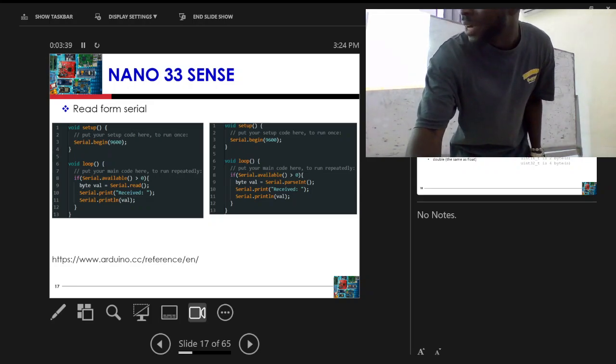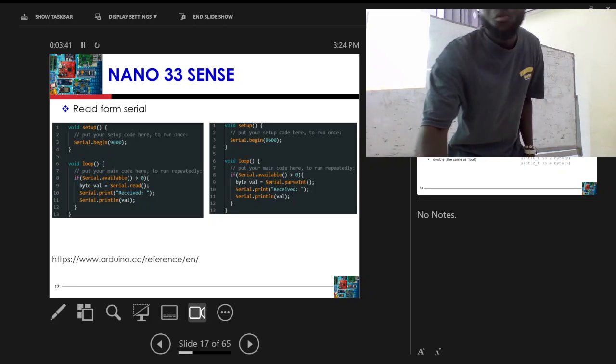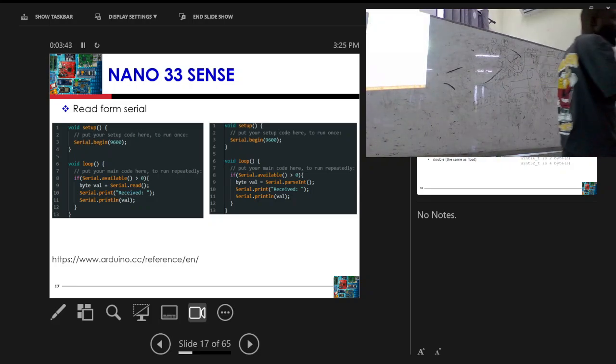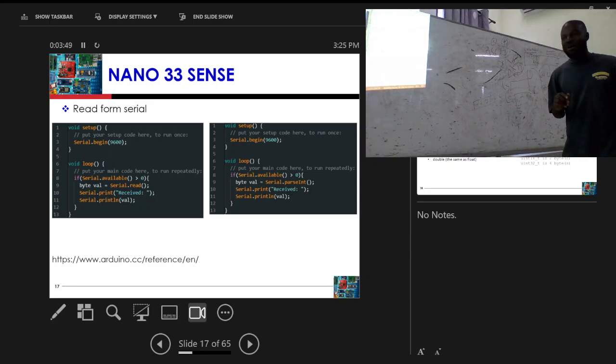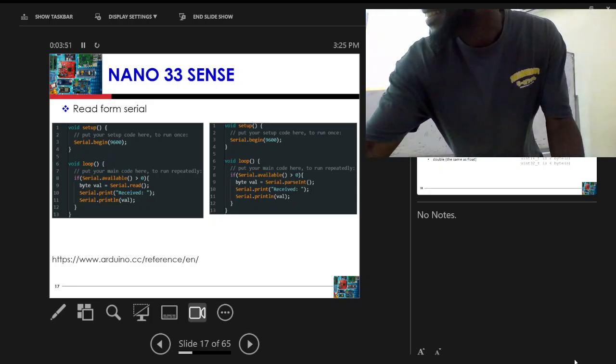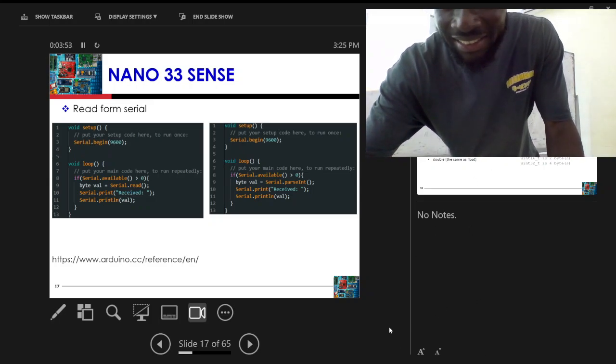Let's enter it. So I enter. Yes. What did it print? Zero. Why? Come on, common sense.